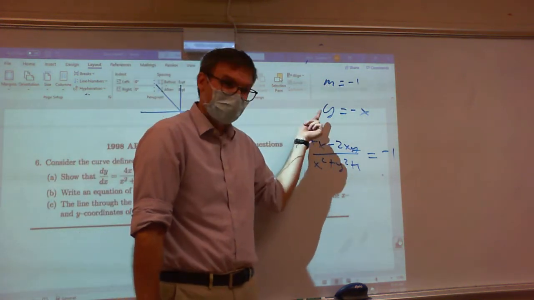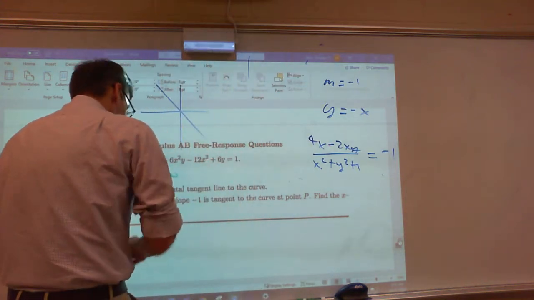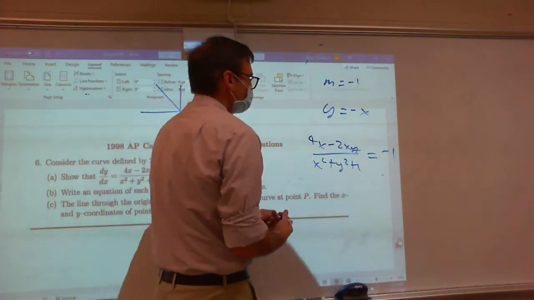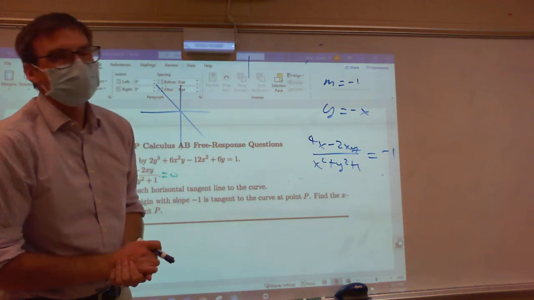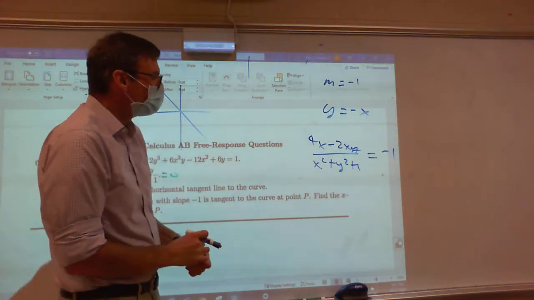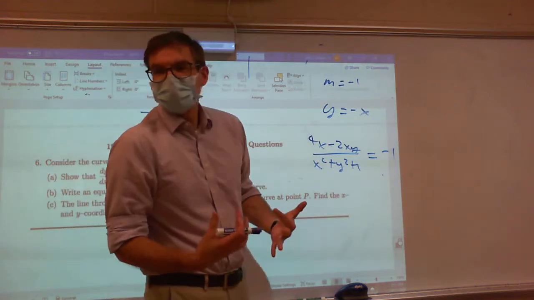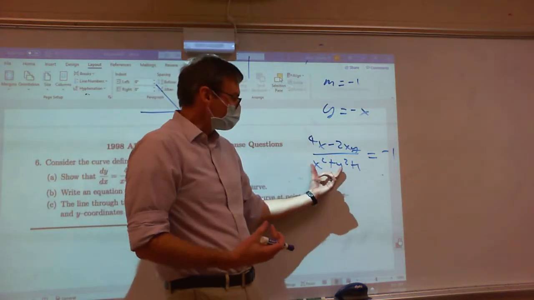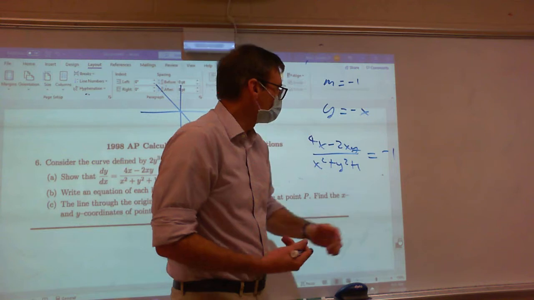So this says y equals negative x. Would you make the y's x's or the x's y's? I would change it all to x's. Yeah, your life's going to be a lot easier if you change them all to x's. The first thing I do is, I don't like fractions, so I'm going to move this over.